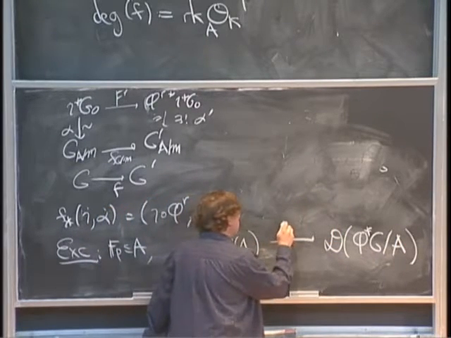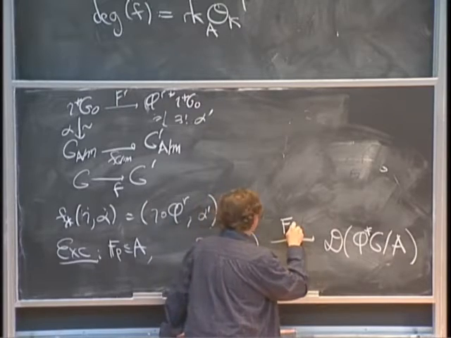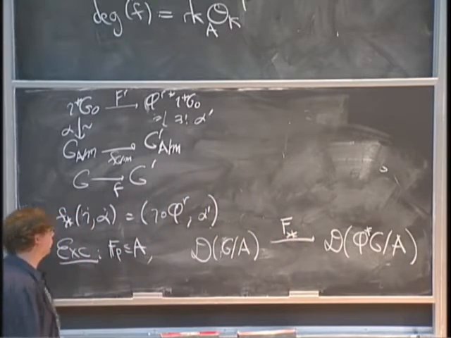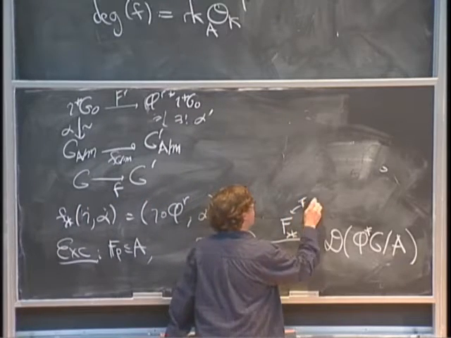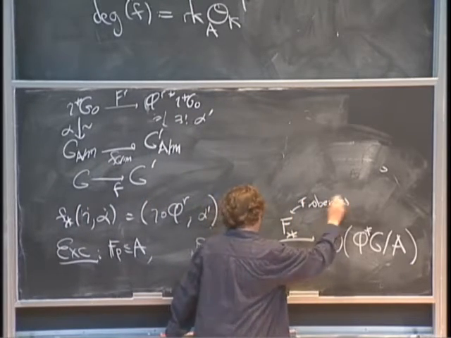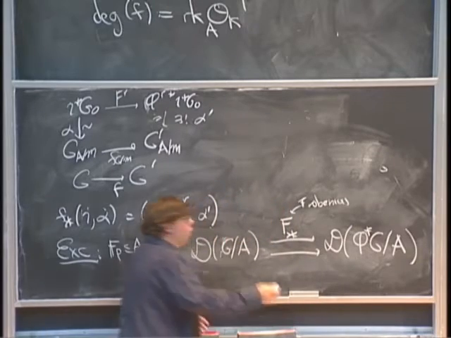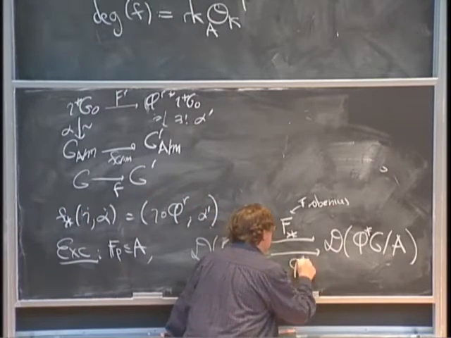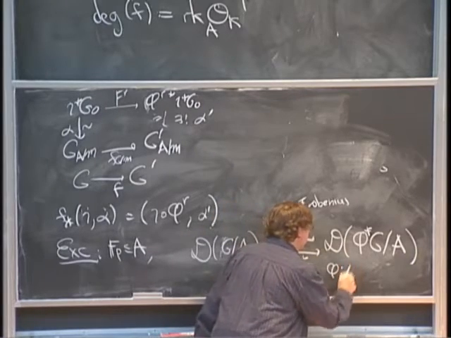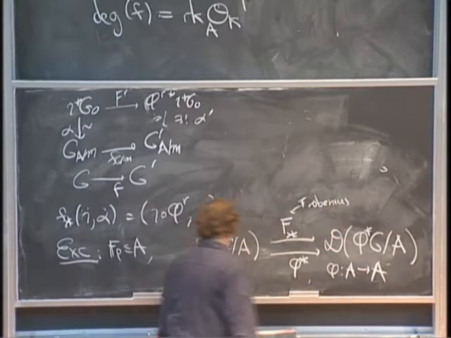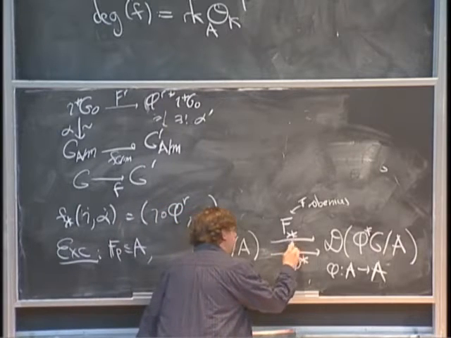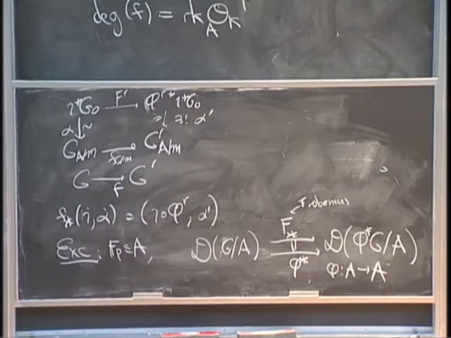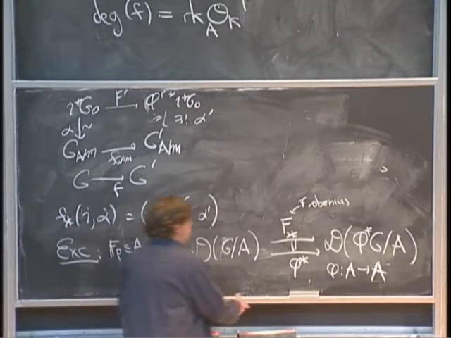One thing I can do is push forward along Frobenius, F lower star, where capital F is Frobenius. The other thing I can do is base change. I can always pull back a deformation structure along a ring homomorphism. So I'll pull back along phi, the phi from A to A that I wrote down before, the p-th power map. And the exercise is that these are actually the same. It's supposed to be a tautology, an easy exercise, but I won't do it.